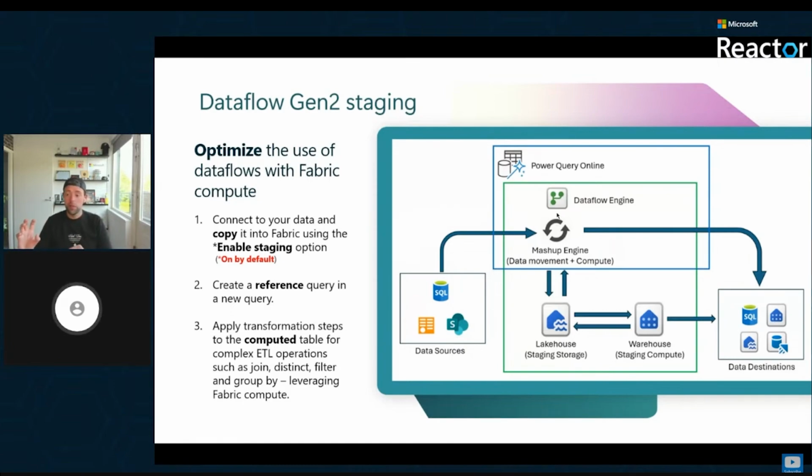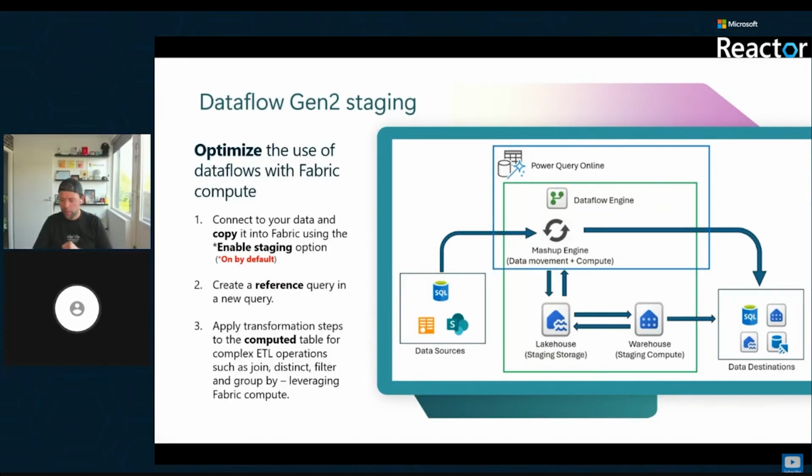This staging compute allows you to actually perform those SQL queries against the warehouse and then use that for processing it further and then write it directly to the data destination. For example, if we have a warehouse staging and we want to write it to a warehouse data destination, it actually pushes it right away to the warehouse staging without going through the engine again.